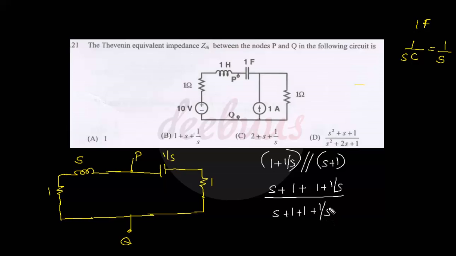Now I am multiplying both the numerator and denominator by S. That is S square plus 2S plus 1 divided by S square plus again 2S plus 1. So the answer turns out to be 1. So option A is the correct one.